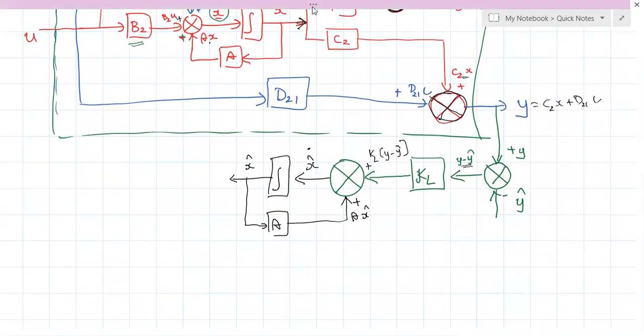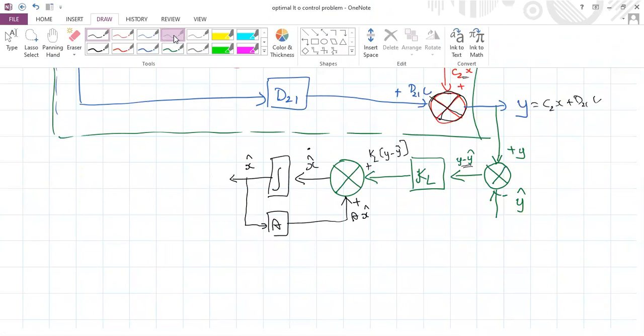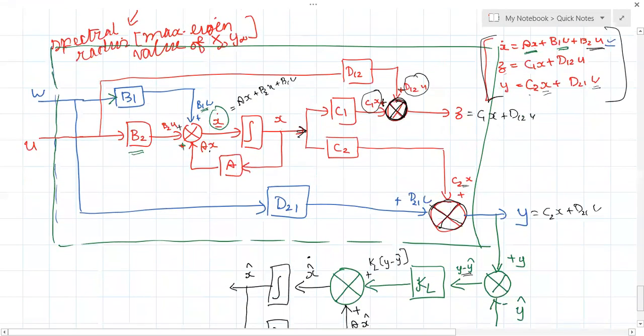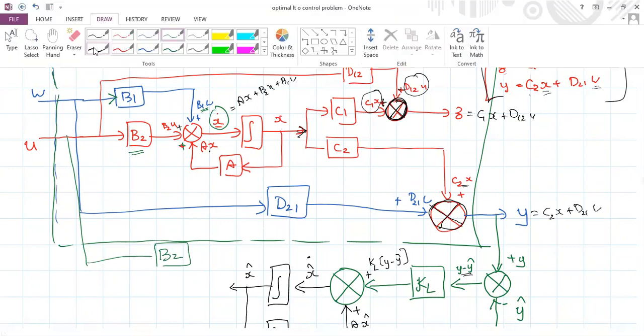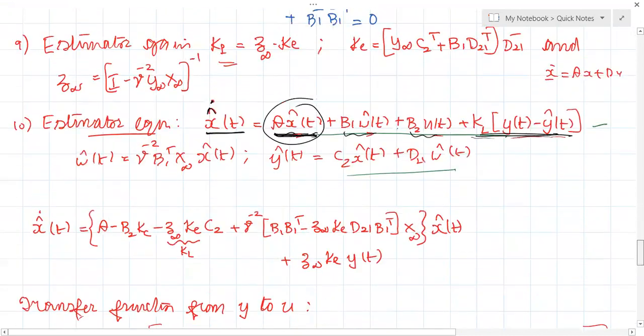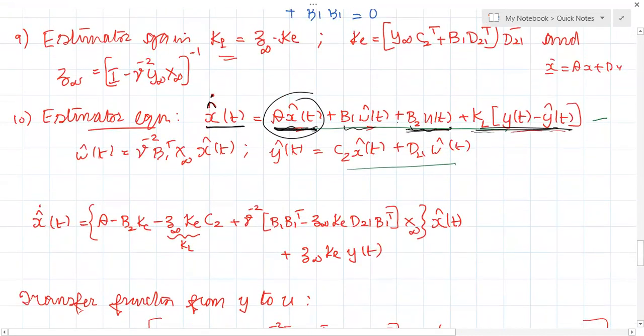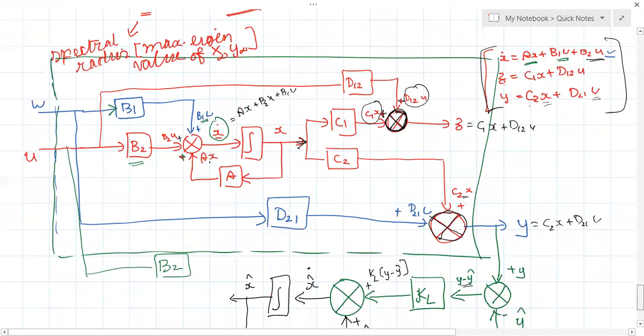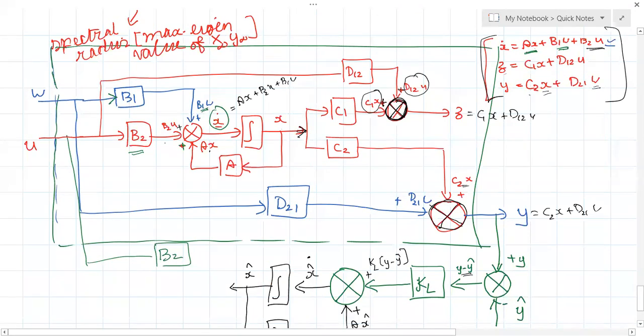I should draw another channel for B2U, a gain of B2. What we drew here was for the plant. That's the difference. In the estimator, it is B2U.